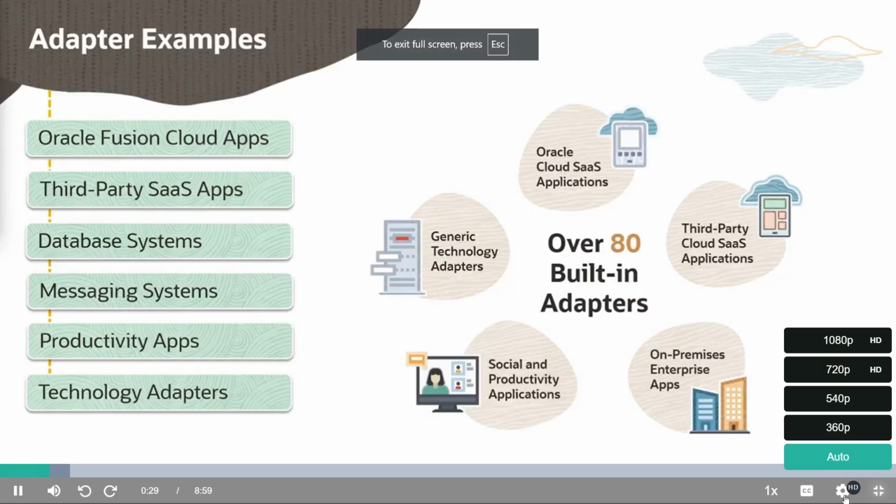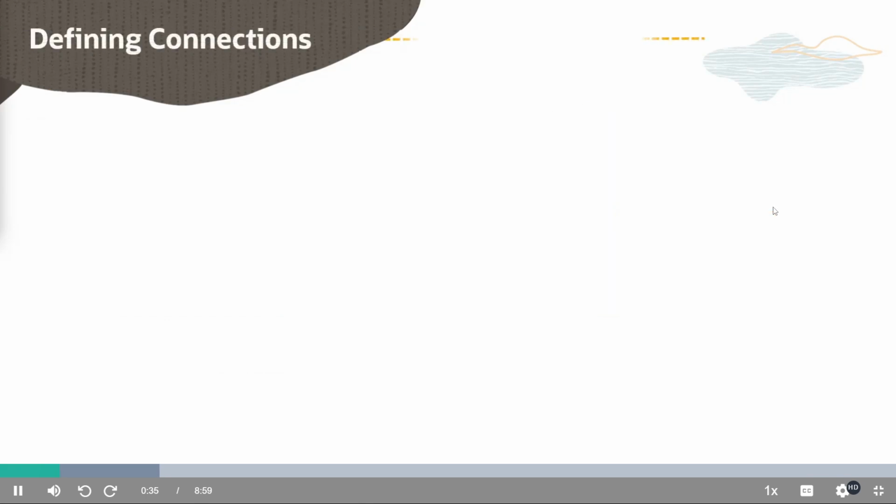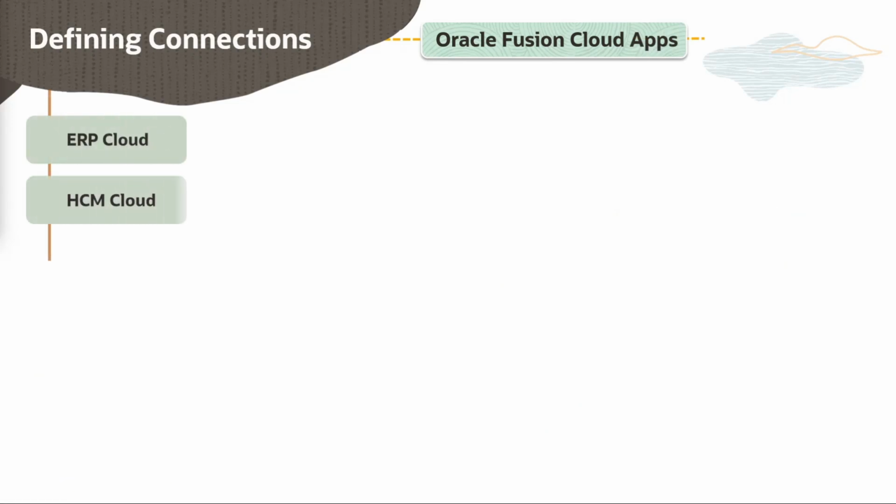As promised, we're going to look at several examples across these various categories of adapters, starting with Oracle Fusion Cloud applications, regardless of which one, ERP Cloud, HCM Cloud, or the CX Sales and B2B Service Cloud. These adapters support the configuration of connections in either the invoke or trigger role.